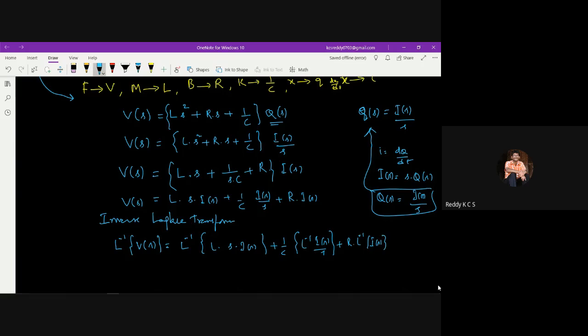Inverse Laplace transform means we are converting this frequency domain into time domain. So it is nothing but V of t, which is L into di by dt plus 1 by C into the integral of I of t dt, plus R into I of t. So this is nothing but the voltage.